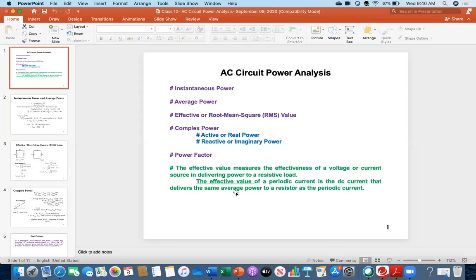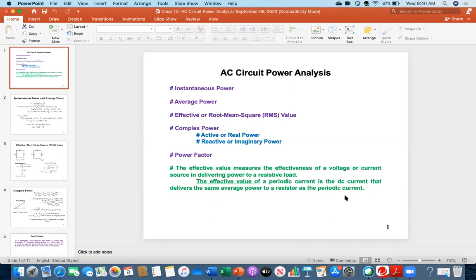The effective value of a periodic current is the DC current that delivers the same average power to a resistor as the periodic current. Because we are dealing with AC waveform, as I just showed you on the whiteboard, the effective or RMS value of that periodic waveform is actually the DC current which will deliver the same average power to a resistor as the periodic current.